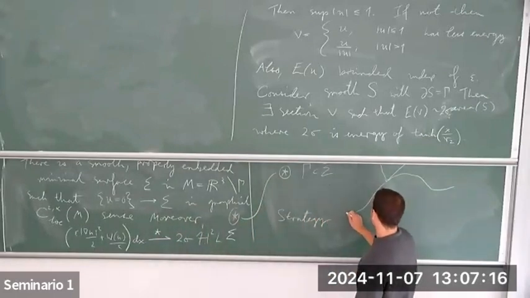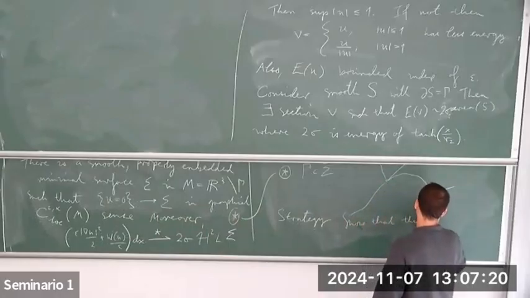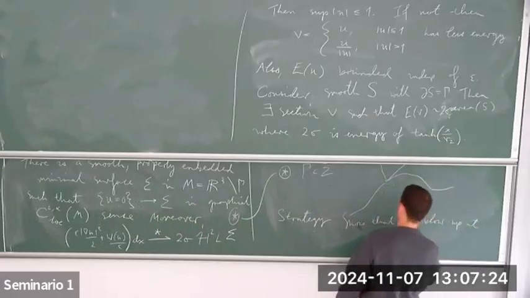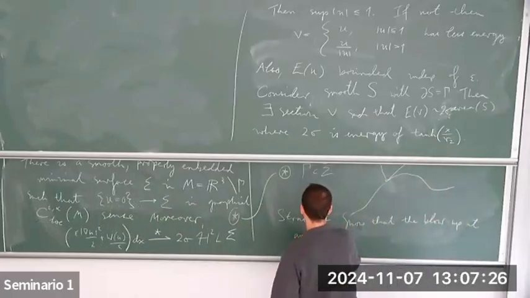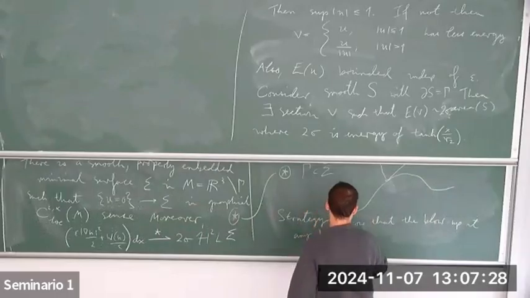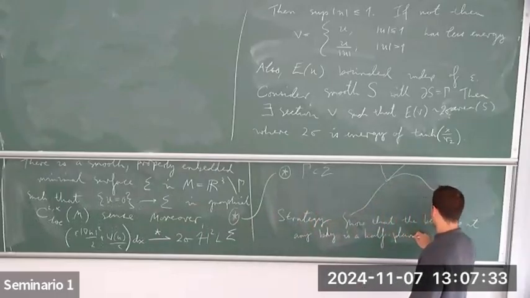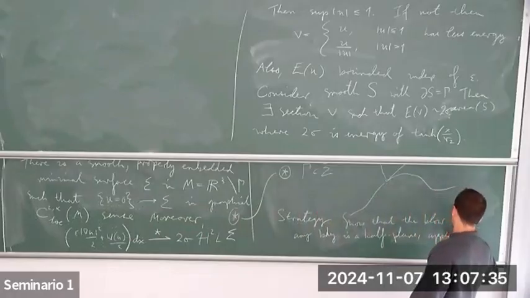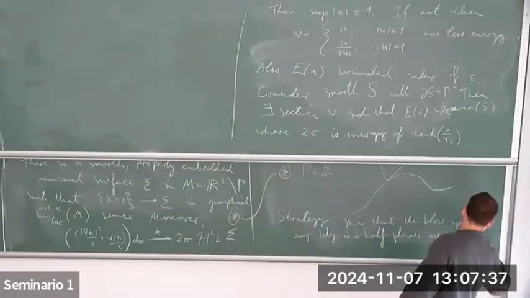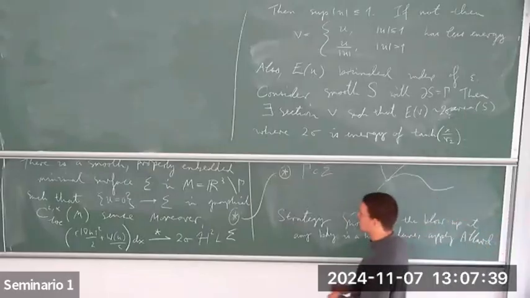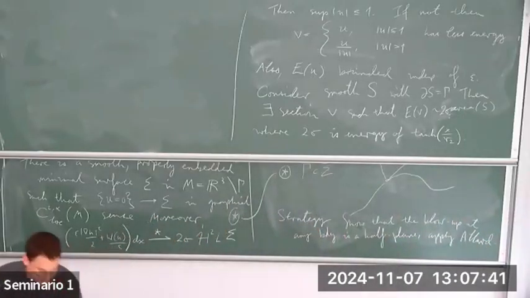So we want to show that the blow up at any boundary point is a half plane, at which point we can apply the Allard regularity theorem.